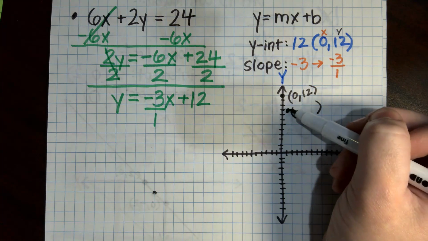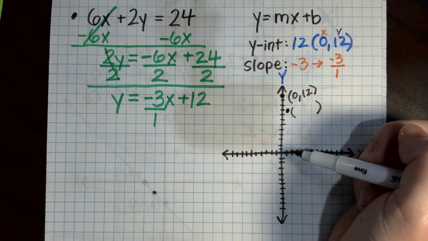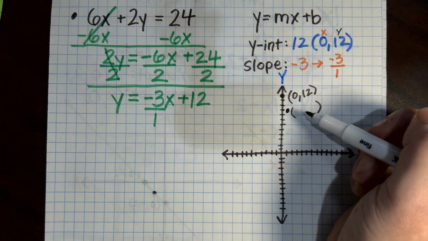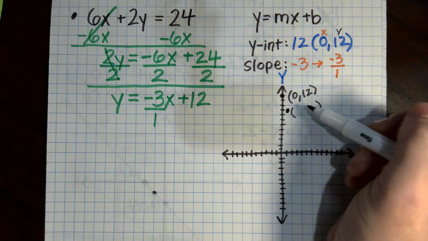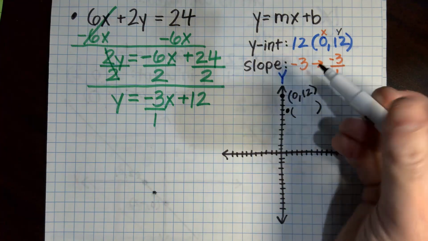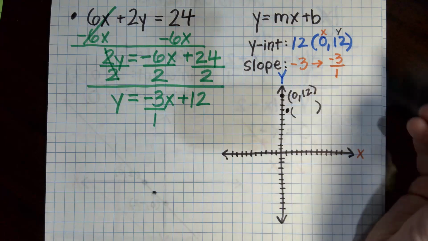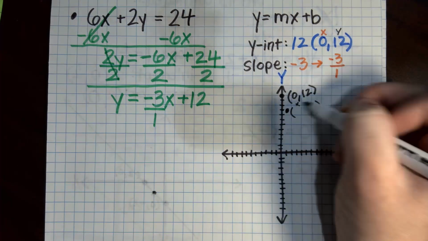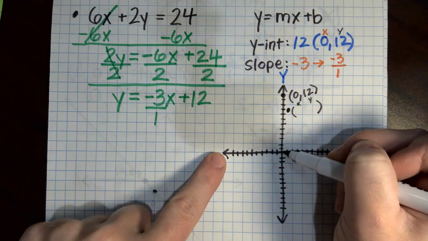So I want to count how many units I move in the x direction as my x, and then how many units I move in the y direction for my y. Okay, I heard 6, 1. Remember, we have x first and then y. So let's count our x together first. Oh, 1, 6. Yeah, 1, 6.